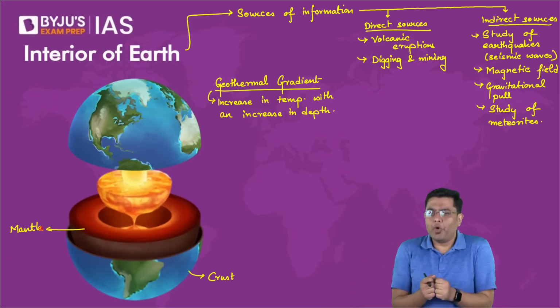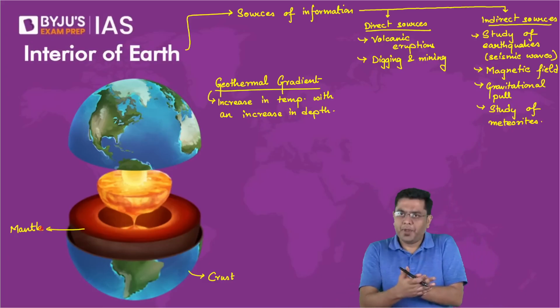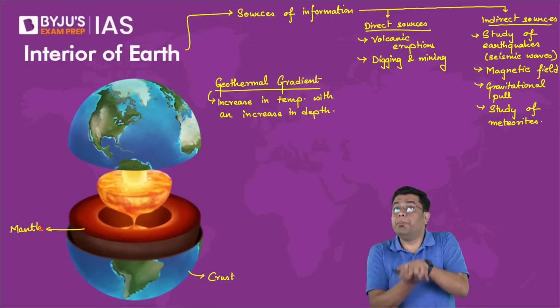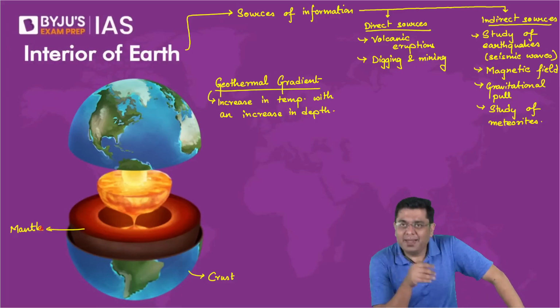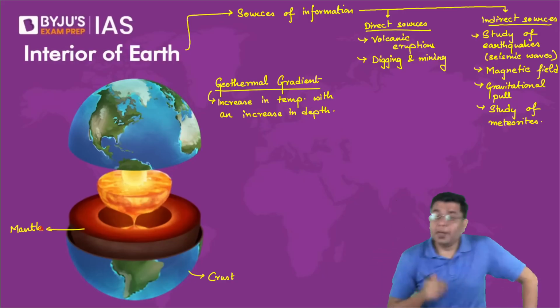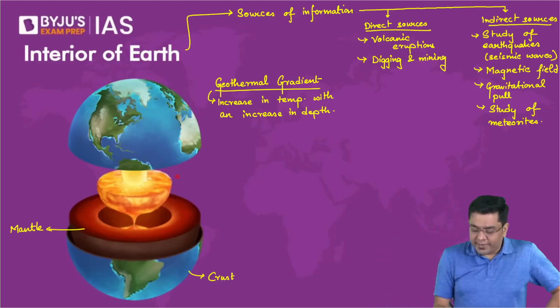Rather than getting broken, it will deform, because materials are compressed by high pressure. Then in the interior, just like the water inside a coconut, the interior portion is again in liquid form, but not the entire interior portion. In what is considered the core, you have the outer core, which is liquid.